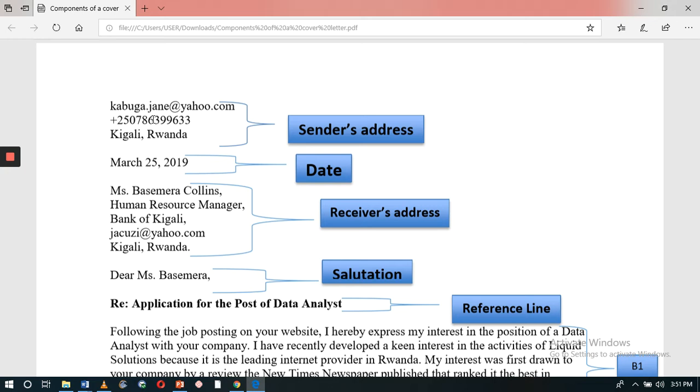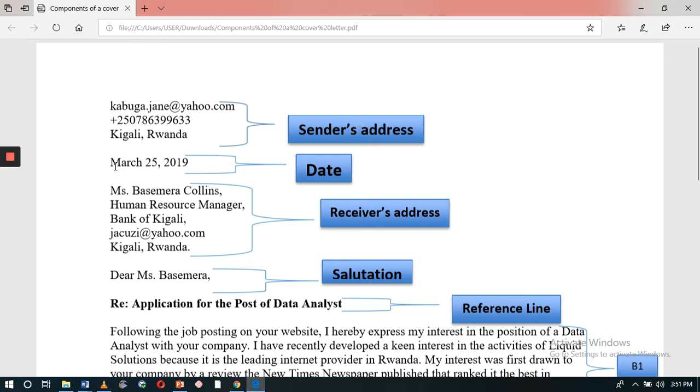But I'm just thinking that the employer will not come to hand deliver the letter at your home. So it is better for you to use the electronic address so they can easily call you or send you an email to invite you for the interview. So this is the sender's address.